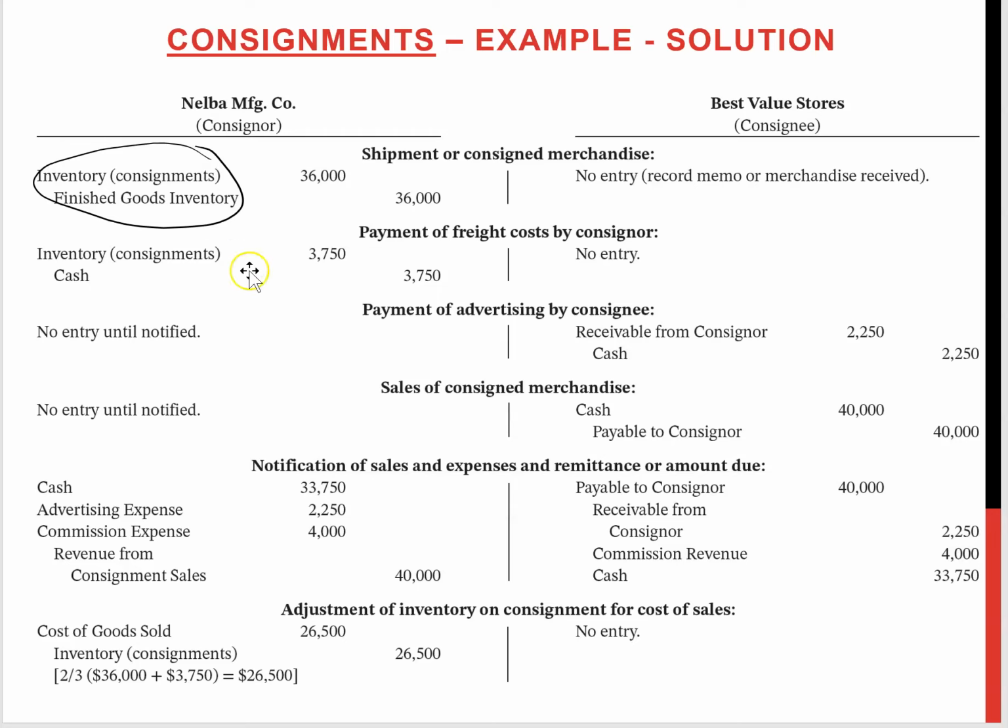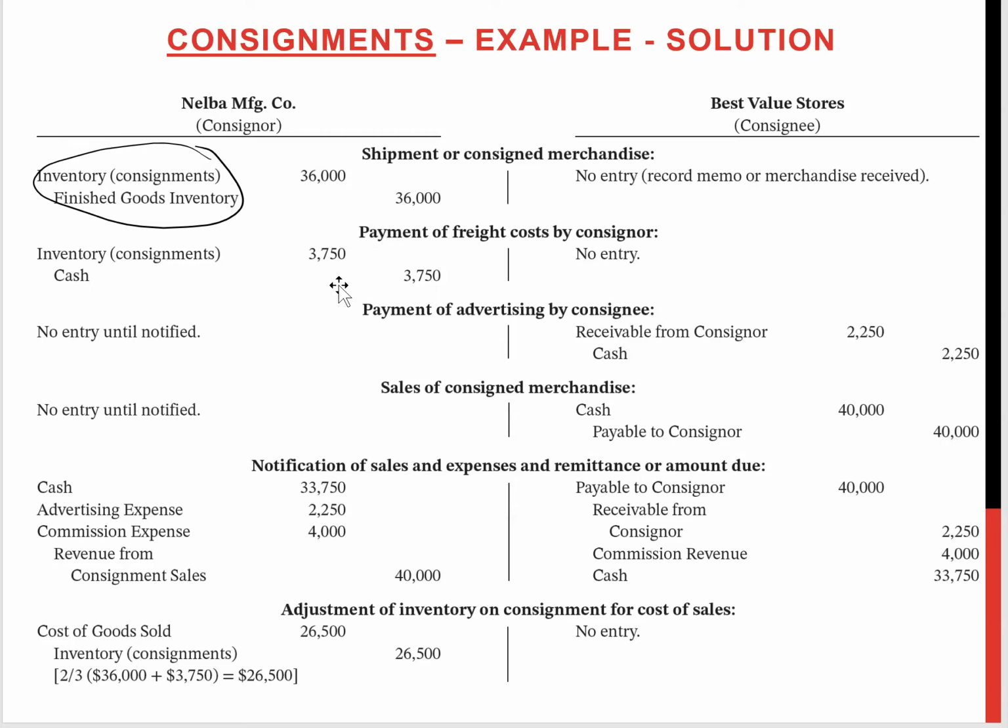Then what happened? They also have one freight cost. When they transferred or shipped the goods to the consignee, they paid freight cost. Remember, this freight cost is considered a part of the product cost, or you can say it's also a part of the cost of goods sold. So they pay $3,750 for freight cost.